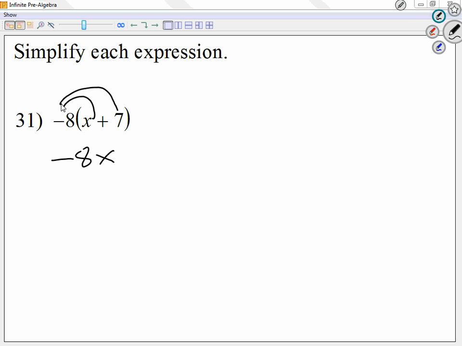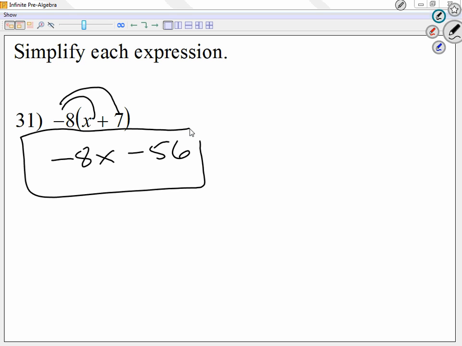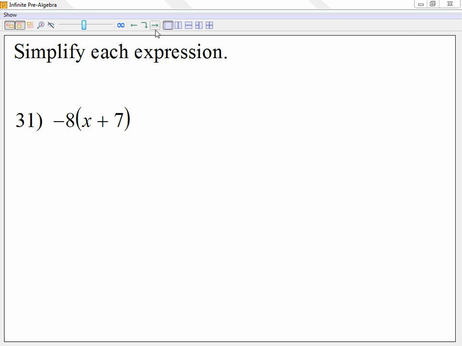Negative 8 times positive 7, that gives me negative 56. I cannot combine those because one term has an x, the other one does not. So that's all I get. So the first group, we combine like terms. The second group, we only multiply to get rid of parentheses. But then starting on number 37, you have both.